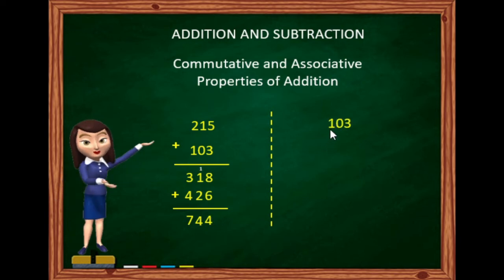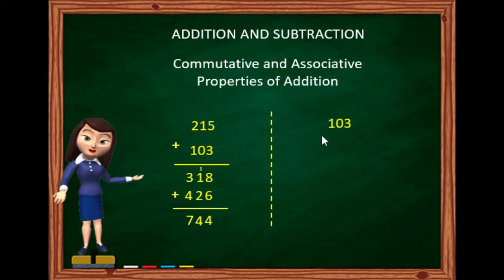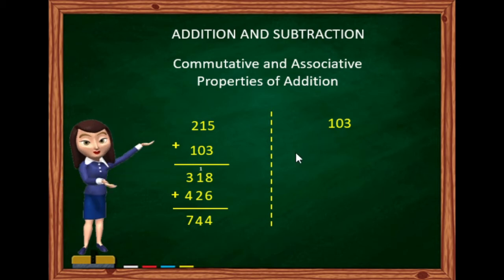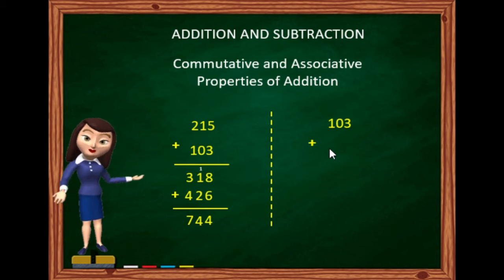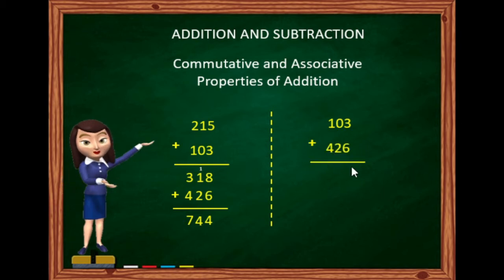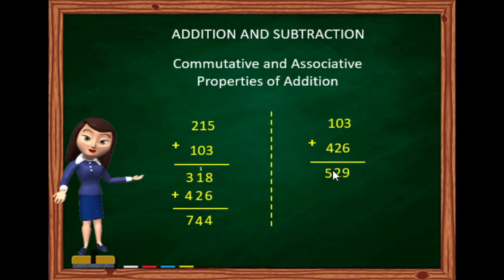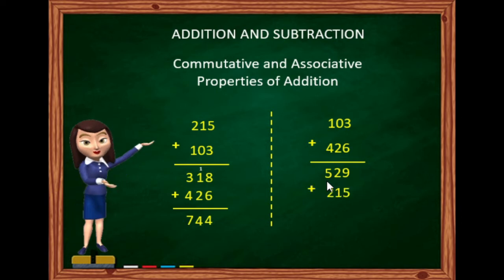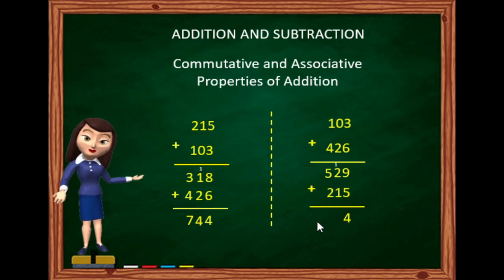And then change again, 103. Add the last two numbers, which is 103 plus 426. You get 9, 2, and 5 before adding to the first number, which is 215. And still, we get the same answer.